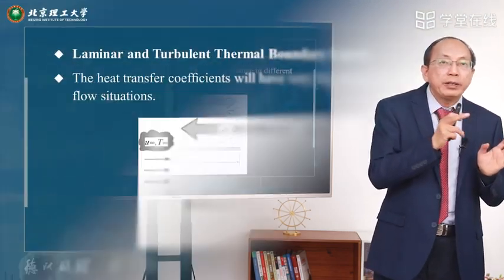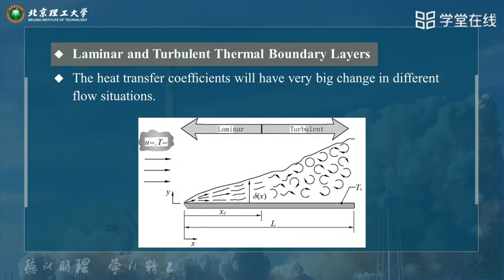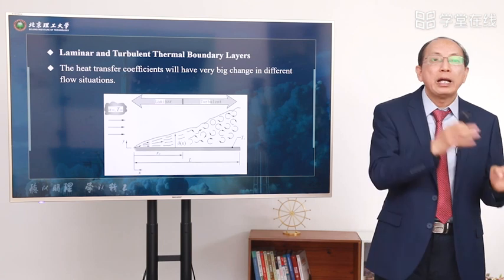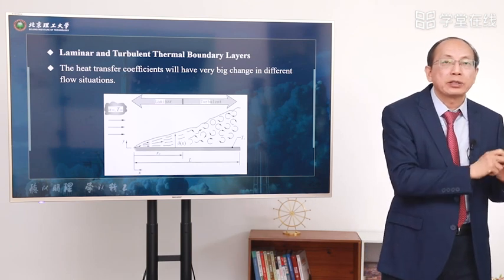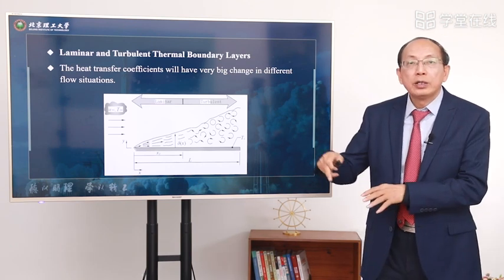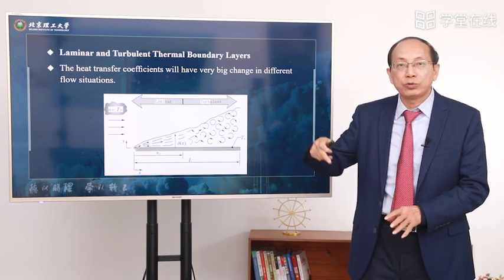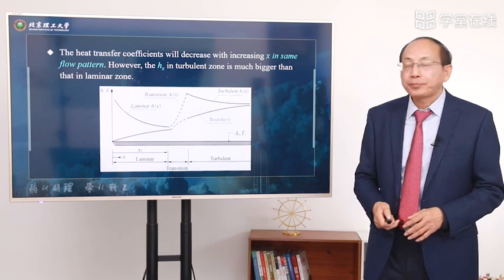However, when laminar flow becomes turbulent flow, hx certainly has a very big change. The heat transfer coefficient will change greatly in different flow situations. For example, in laminar flow hx is small, while in turbulent flow hx becomes much bigger.